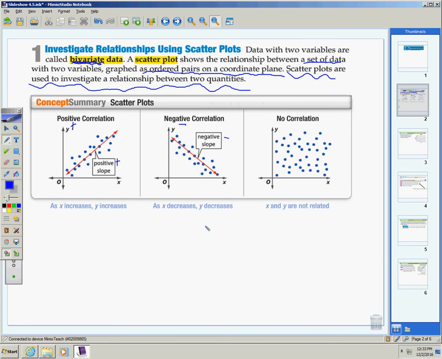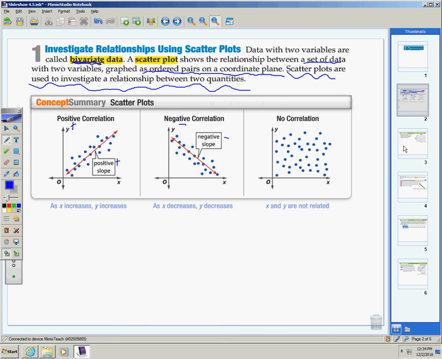And then we have no correlation, which means as x increases, y doesn't necessarily increase or decrease. It just looks like it's all over the place. There's no relationship. So these are our three scenarios: positive correlation, negative correlation, and no correlation.